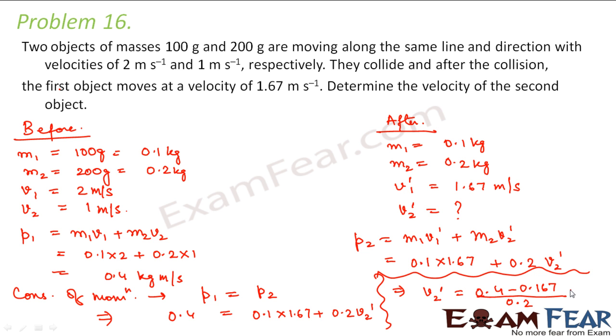So this comes out to be 1.165 meter per second. So this would be the velocity of the second object, right? I hope that solving all these problems would have made you understand how we apply the theoretical concepts which we studied in this chapter so far. So see you all in the next lesson.